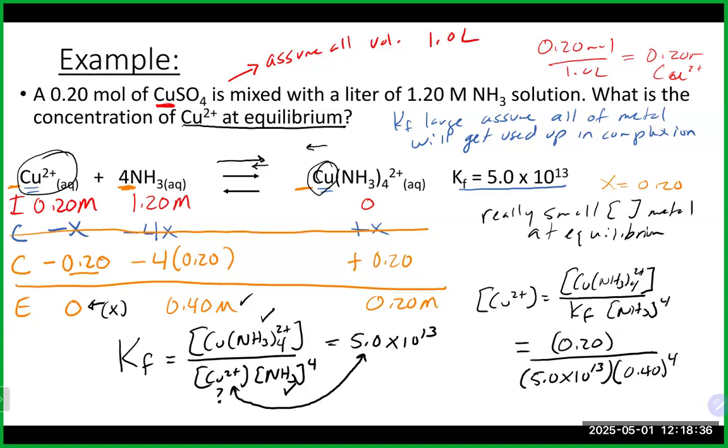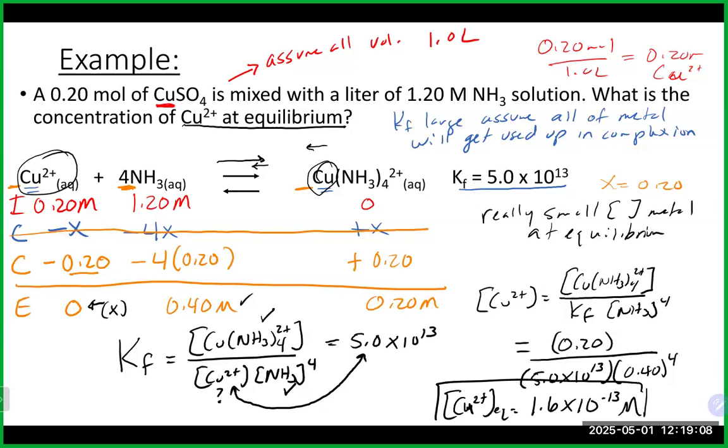So if we do that, we end up with 0.2 divided by 5 times 10 to the 13 times 0.4 to the 4th. That is going to give me a copper ion concentration at equilibrium of roughly 1.6 times 10 to the minus 13 molar. Is that concentration a large value or a small value?